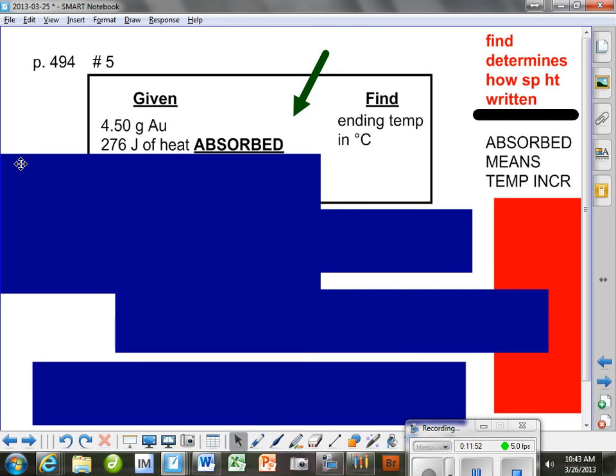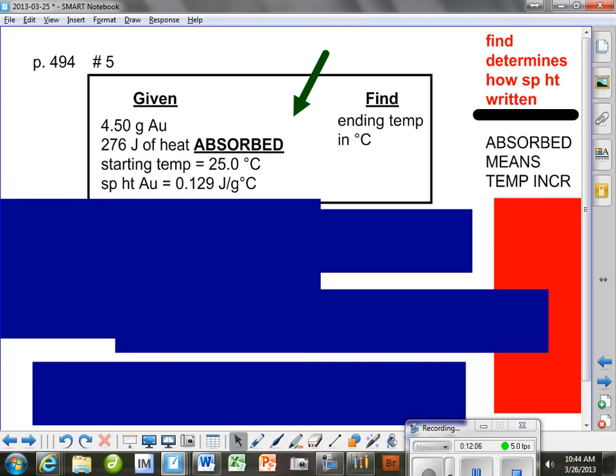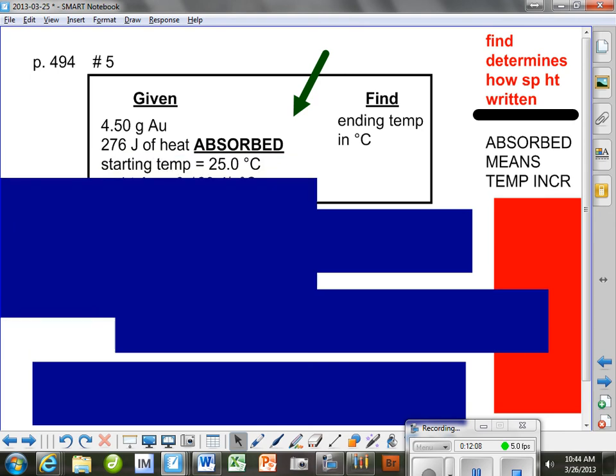It's absorbed. That's what it says, isn't it? And what's next? 25.0°C. That's the starting temperature.